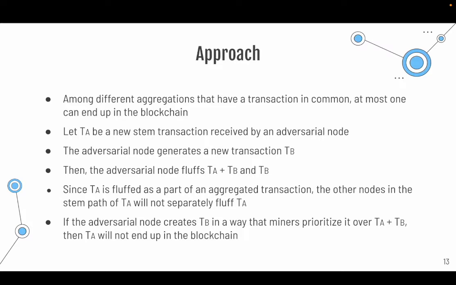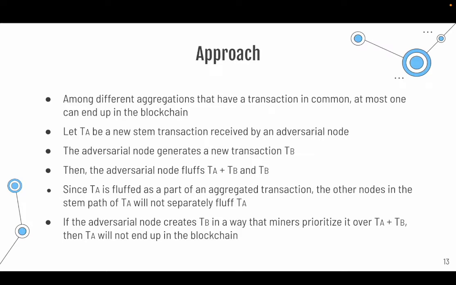The adversarial node generates a new transaction TB, and the adversarial node fluffs the aggregation of TA and TB and also TB itself. Because TA is fluffed as part of an aggregation, other nodes in the stem path of TA, which have also received TA before, will not separately fluff TA.